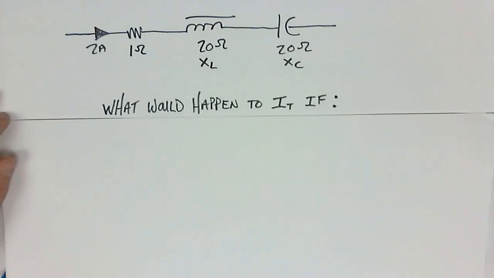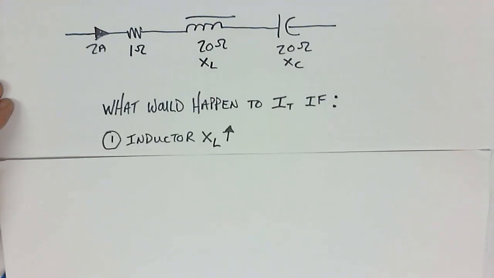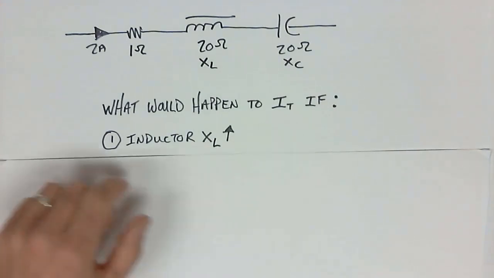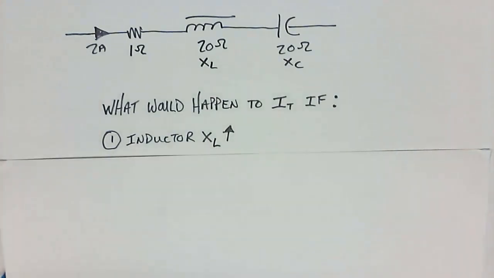So what would happen to the total current if I increased the XL of the inductor? Is the 2 amps going to get larger, or smaller, or would it just stay the same?